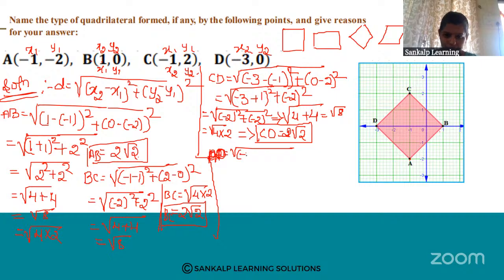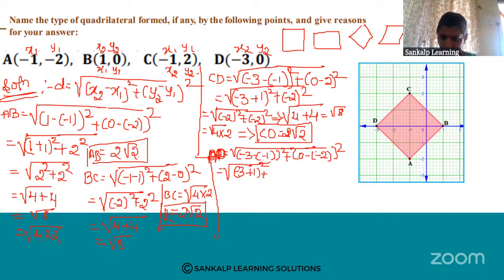x2 value is minus 2 and x1 value is minus of minus 1 whole square, plus the y2 value is 0 here and minus of minus 2 whole square. Now, minus 3 minus into minus, plus 1 whole square. Okay.